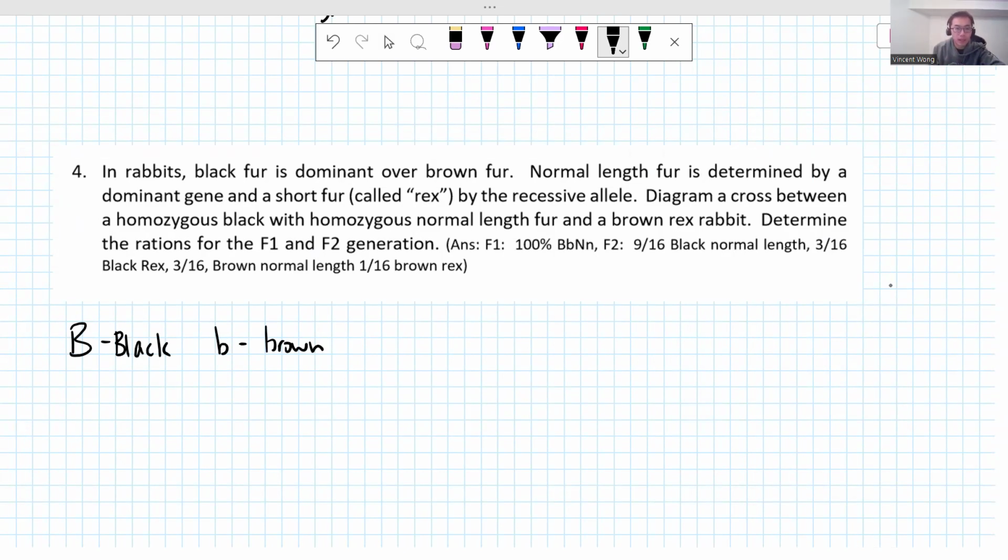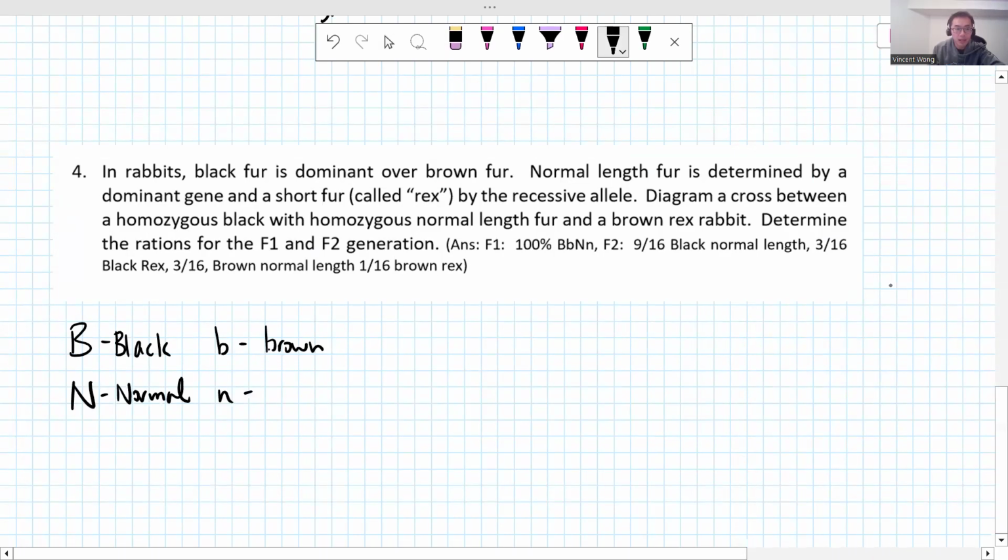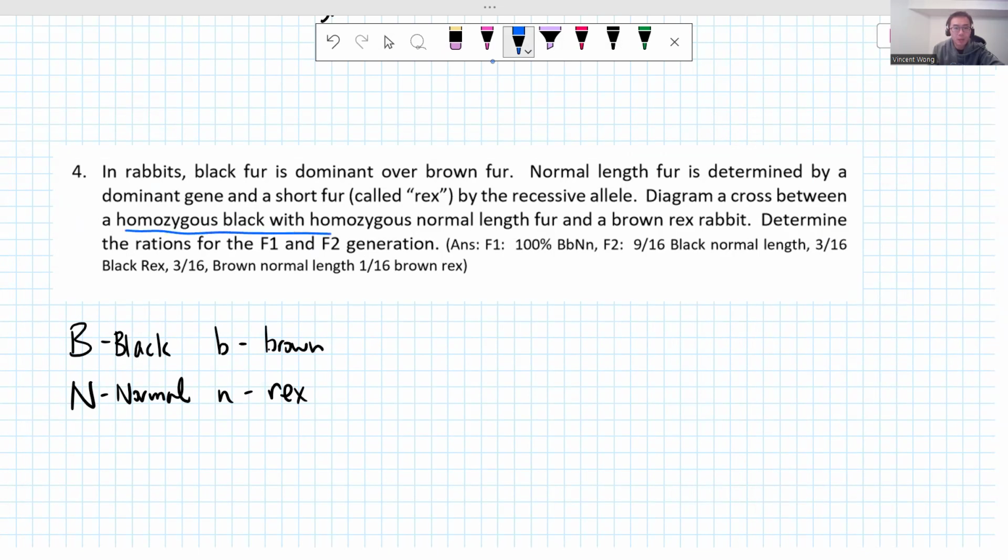So you can go like, big N for normal length, and then small n for Rex, short. Determine the diagram of a cross between a homozygous black with homozygous normal length fur.